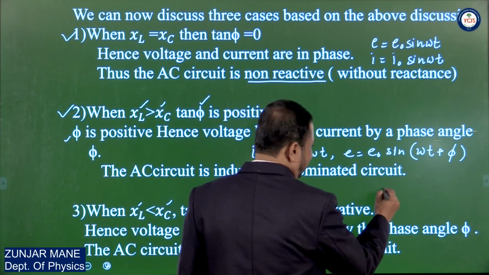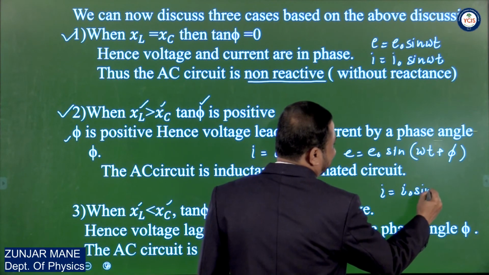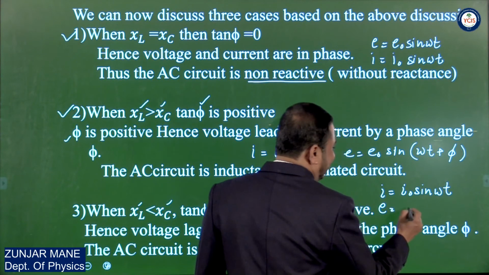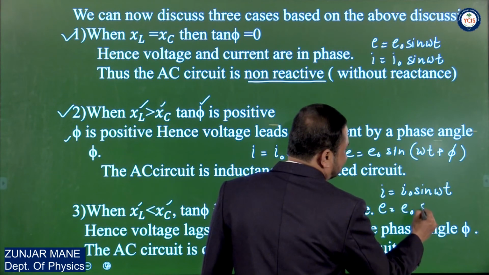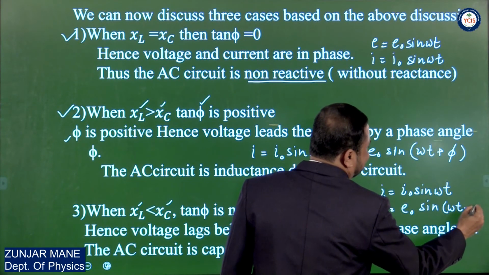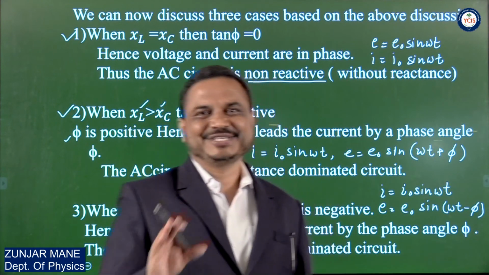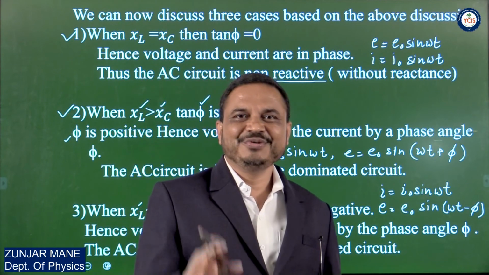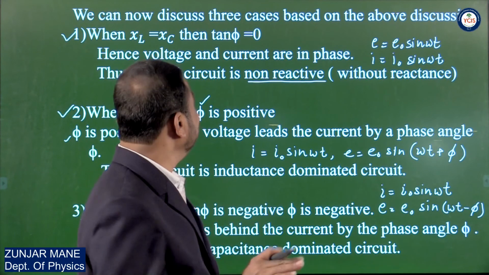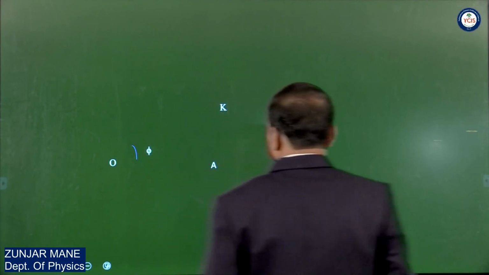And here current is given by the equation I equal to I0 sin omega t, and here voltage lags behind the current, and it is given as E0 sin(omega t minus phi). So these are the three different cases: when the circuit is non-reactive, when the circuit is inductive, and when the circuit is capacitive dominant. So this is about the three equations.